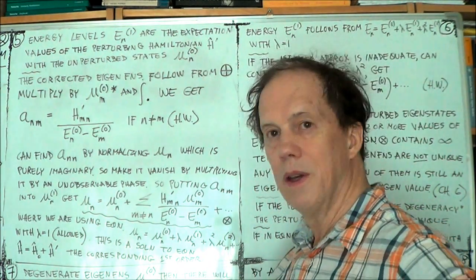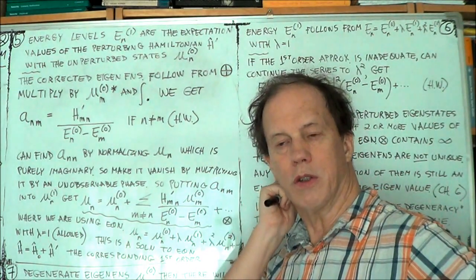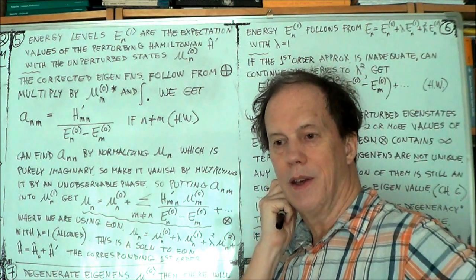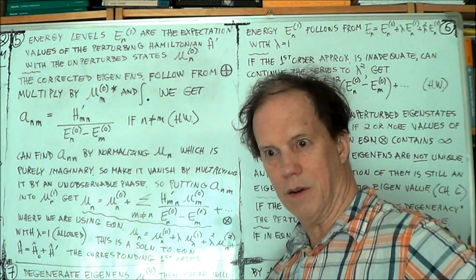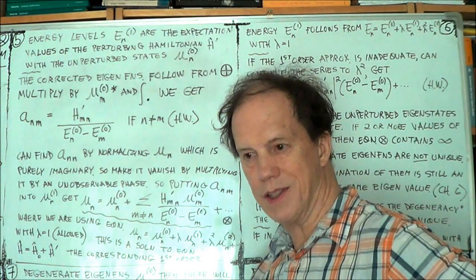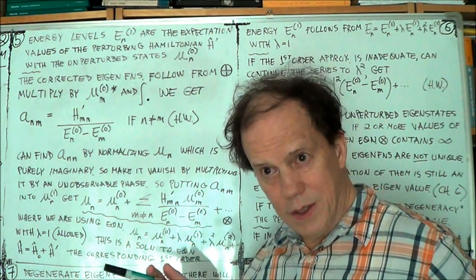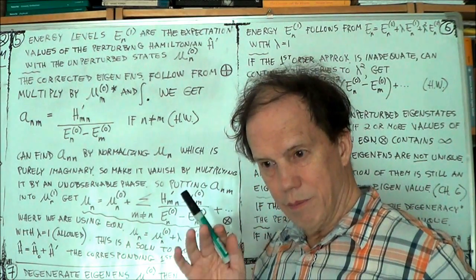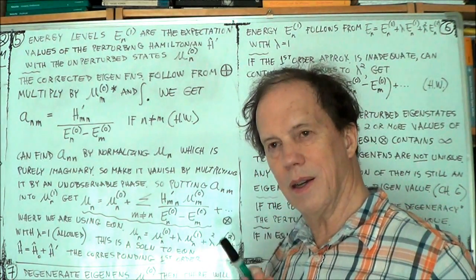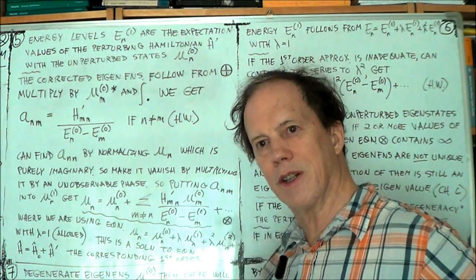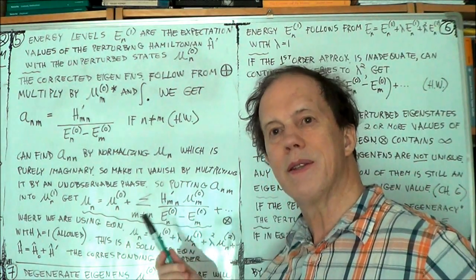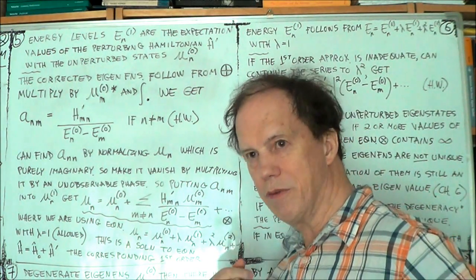right? It's where the wave function that you're talking about is the nth eigenstate of the unperturbed system, right? You can look on it as, because that's the formula, the bra operator ket, where the bra and the ket eigenfunctions are the same. That's the formula for an expectation value.